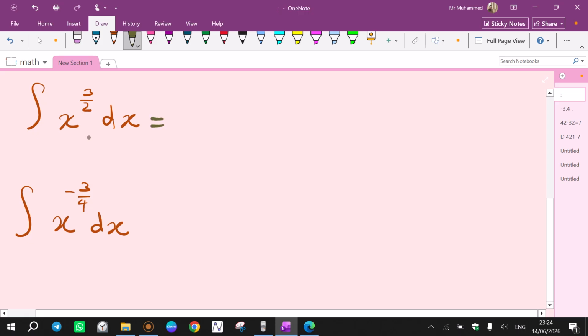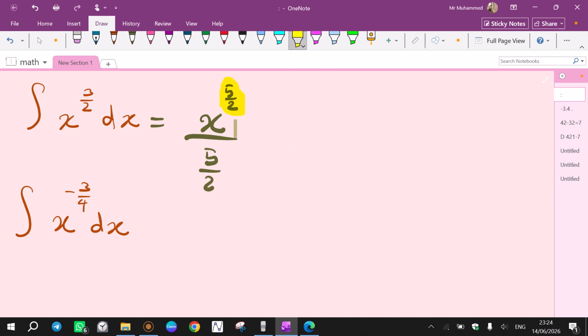integral is always power plus 1 over new power. X power 3 over 2 plus 1 is going to be 5 over 2. 3 over 2 is 1.5. Plus 1, it will be 2.5. 2.5 is 5 over 2. And divide by the new power, 5 over 2. Since the power is a fraction, I don't manually write over 5 over 2.